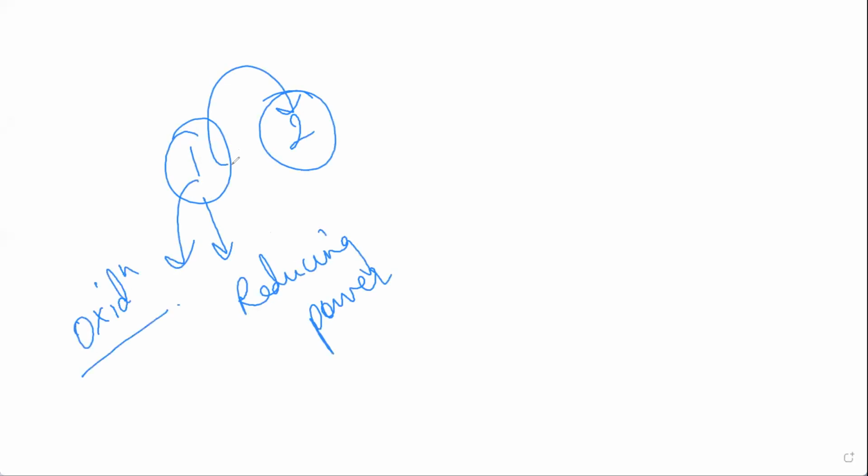Reducing the other means it will gain electrons, and oxidation means there will be a loss of electrons. So reducing power means it reduces the other, meaning the other gains electrons, and it itself undergoes oxidation, meaning it loses electrons.